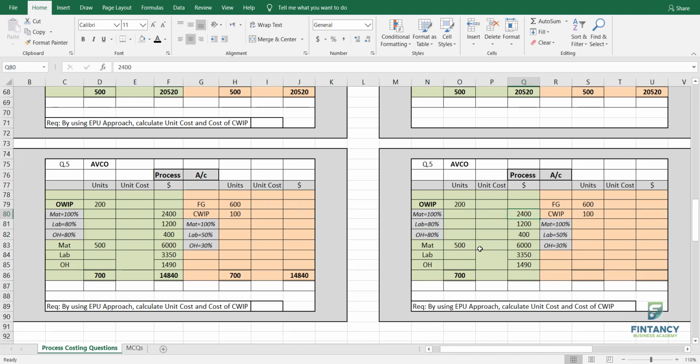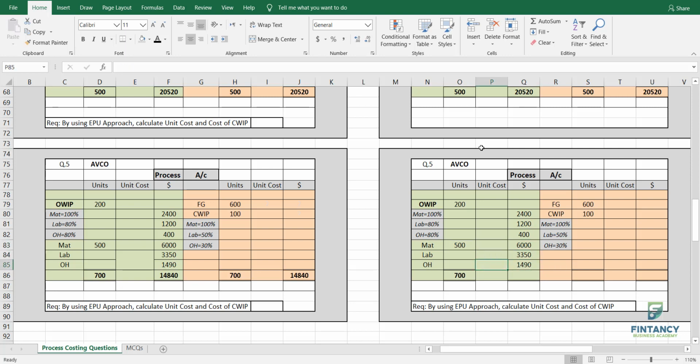So he will tell you, okay, material opening 2400, labor opening 1200, and overhead opening 400. Right, everyone? Then the material during the month. This material is during the month. Getting it, everyone? So during the month, the material input is 500 units at a cost of 6,000, and labor and overhead is this much.